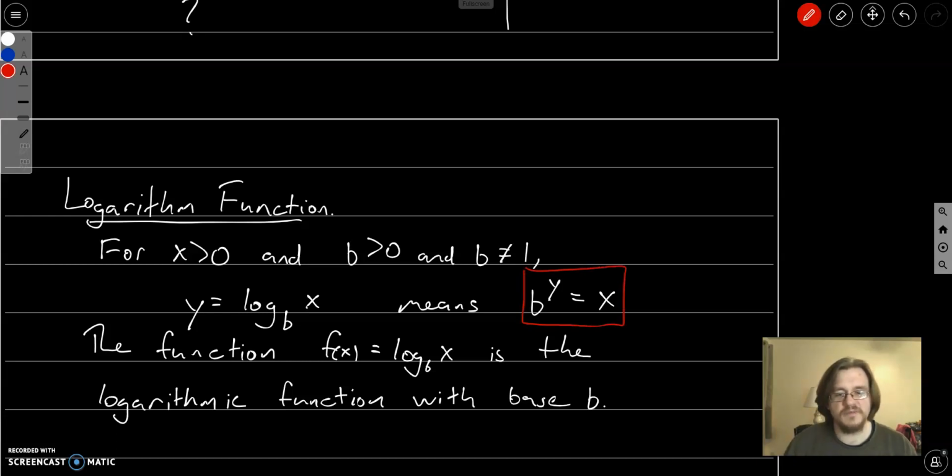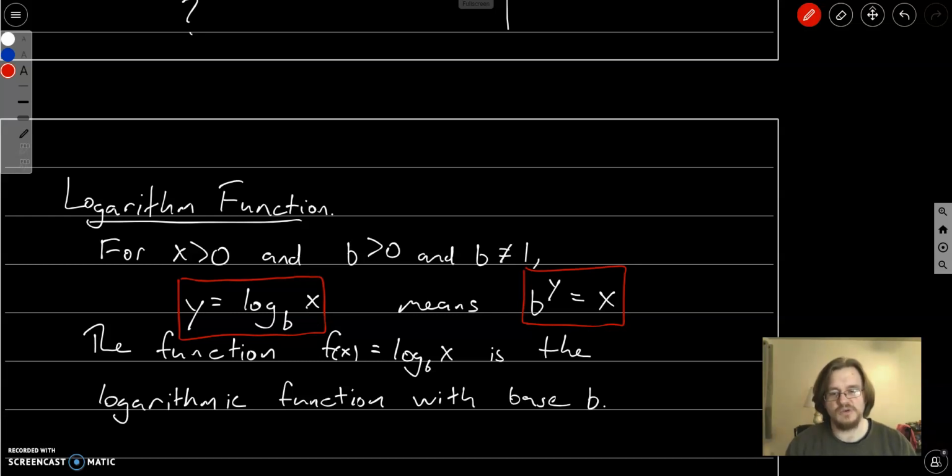So if we have b to the y power is equal to x, and we want to solve for y, oops, I kind of cut off the b there. This is how we write this. So if b to the y power is equal to x, that means that y is going to be equal to the log base b of x.